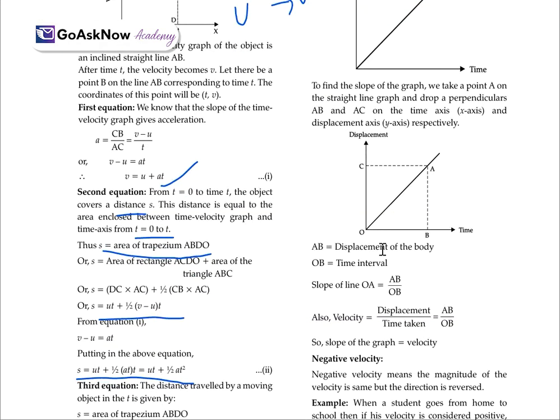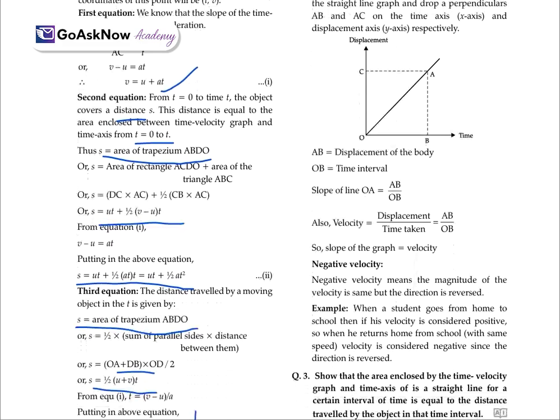So, AB is the displacement of the body, and OB is the time interval. The slope of line OA is equal to AB upon OB. The velocity will be equal to displacement upon time taken, meaning AB upon OB. So, the slope of the graph is equal to velocity.